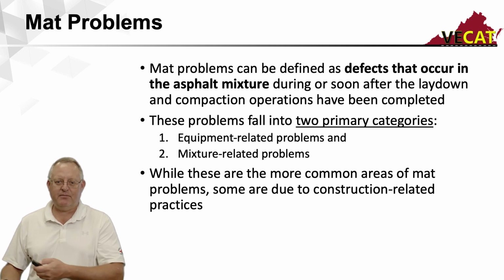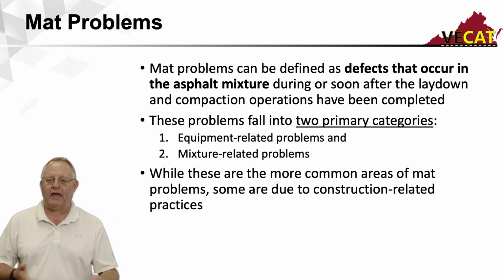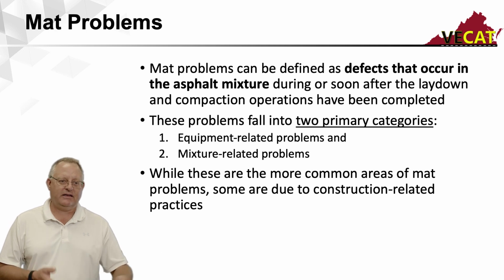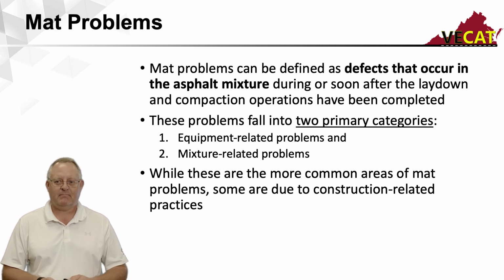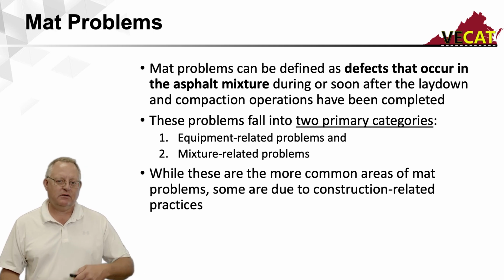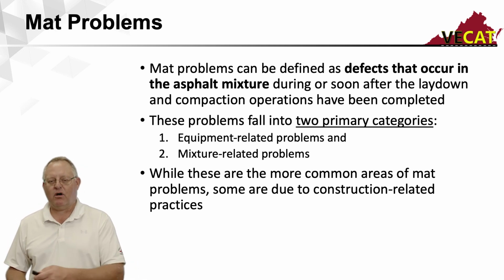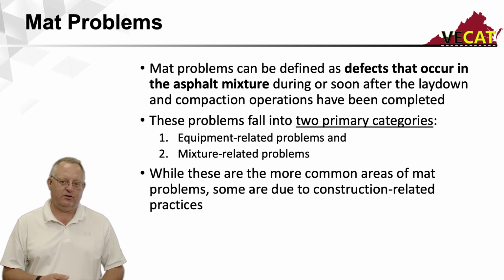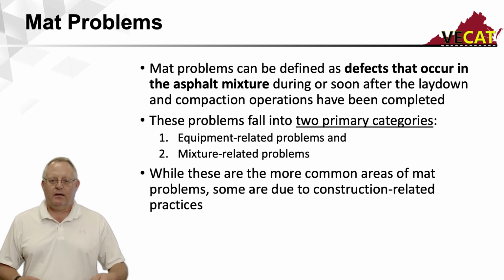So we need to be able to quickly deduce where that problem is coming from to get it corrected. And while there are lots of times many causes, a lot of the time some are due to the practices being used in the field to construct the pavement.